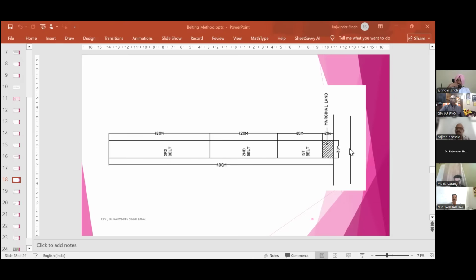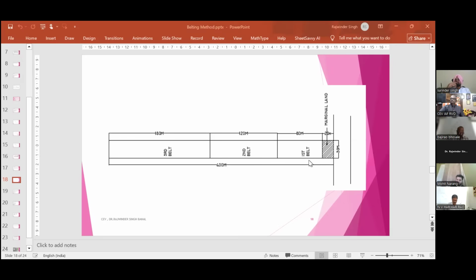This land is called marginal land. Let us suppose marginal land in this case is 20 meter. It means you cannot do any construction in this case. And then we divide it into three belts.